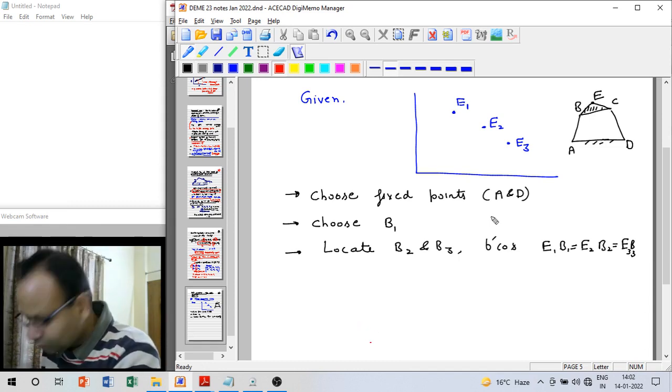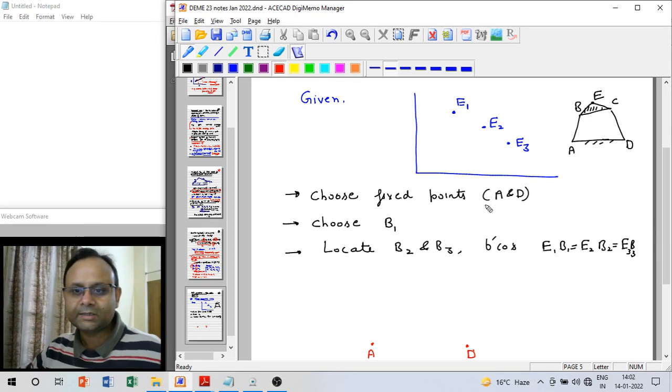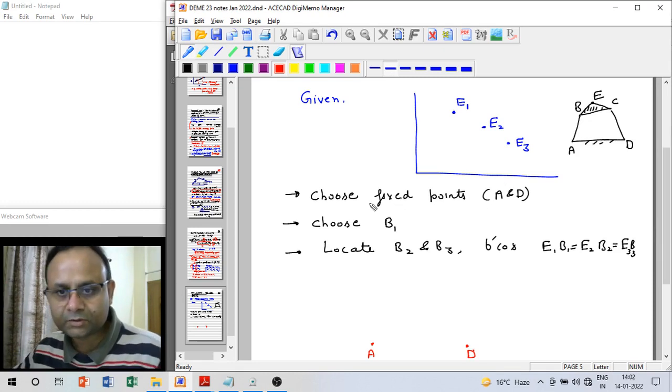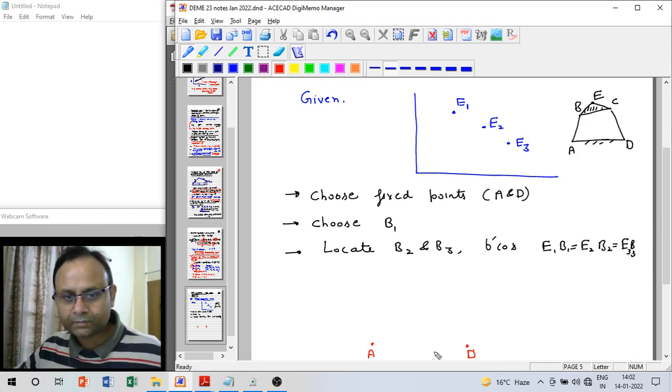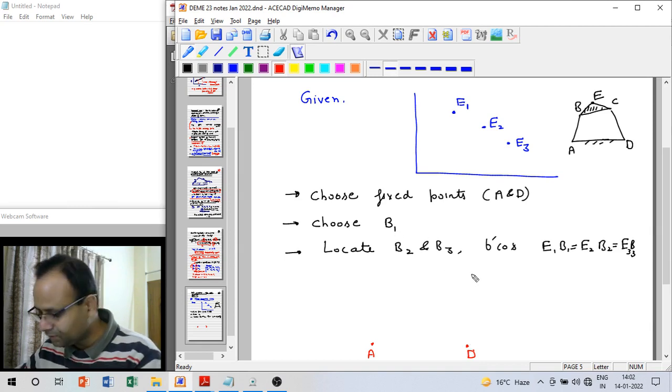We can choose point A and D. Let us say I take point A is here, D is here. Generally that is done because you want to choose the fixed link depending on the convenience, how long you can afford all those things.